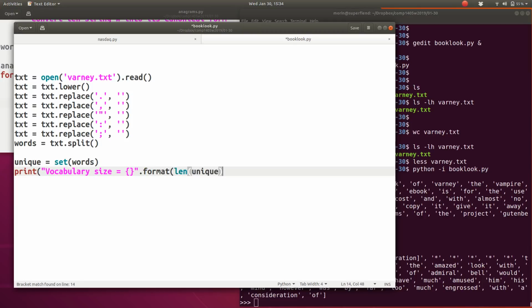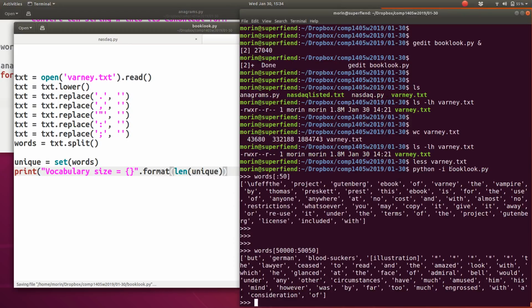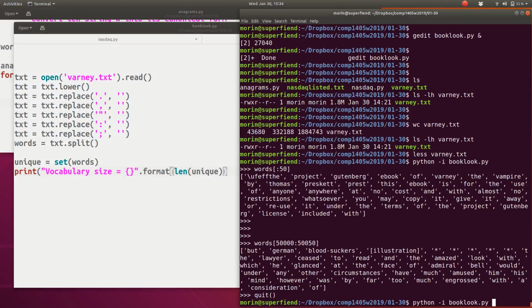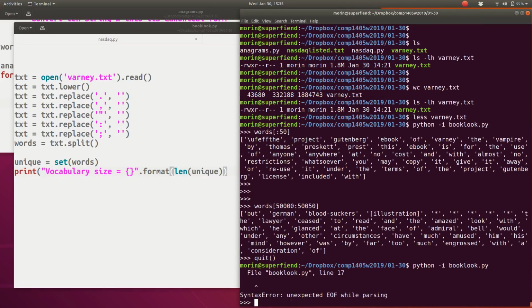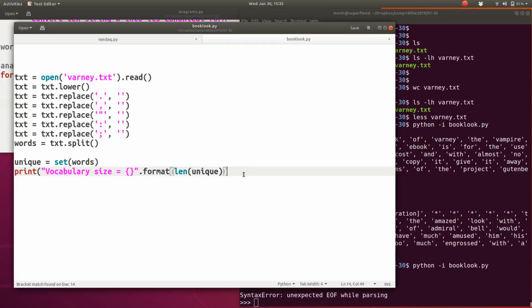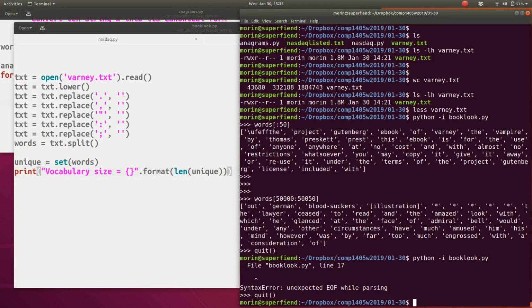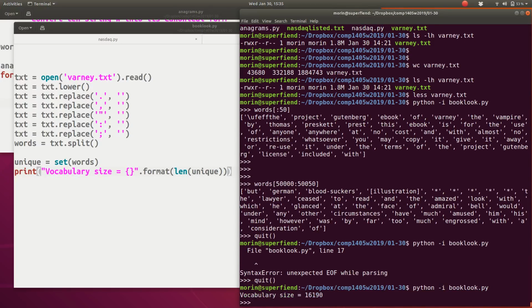And if we ask for the length of that set, then we will know the number. Another missing bracket. Okay, 16,190 distinct words were used in this thing.